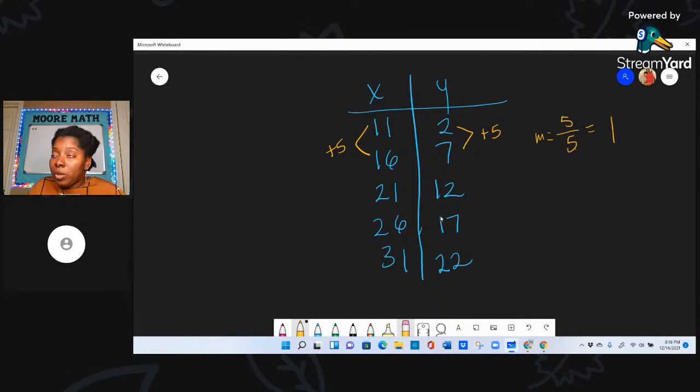So it's not m equals, our slope is m, but for the equation, y? Good. Y equals 1 times, you said 16? Yeah. That's y equals 16.